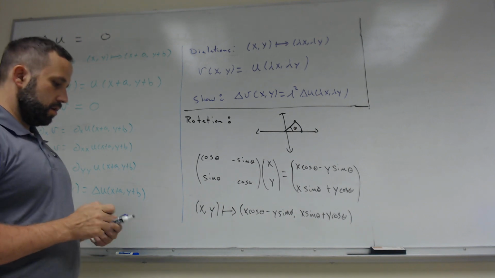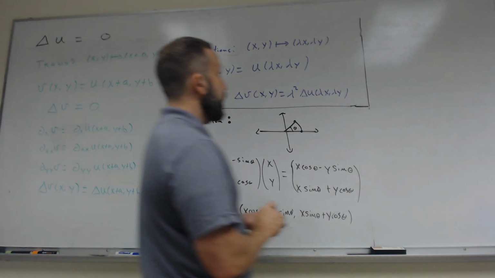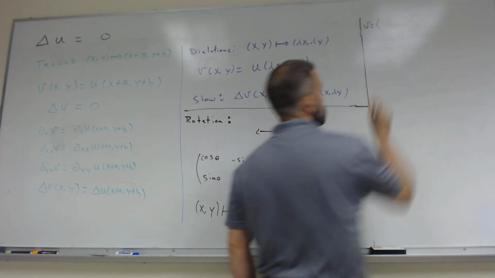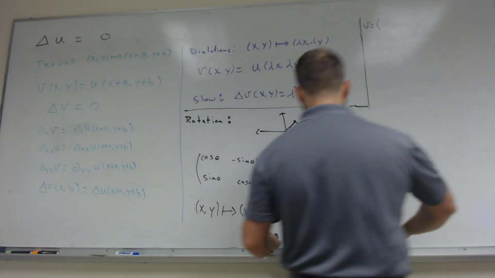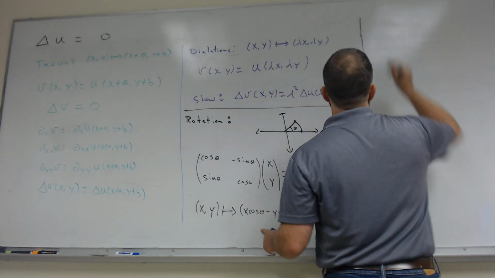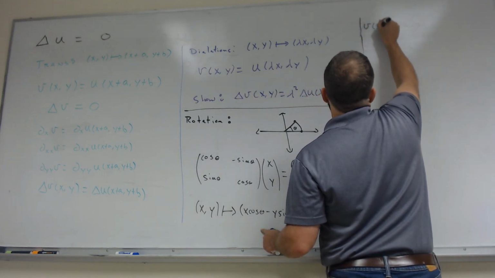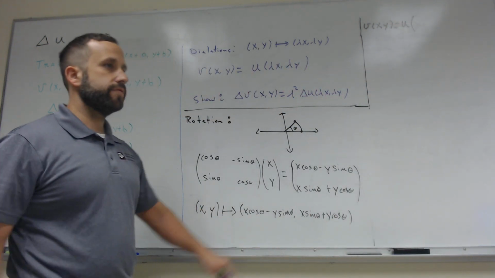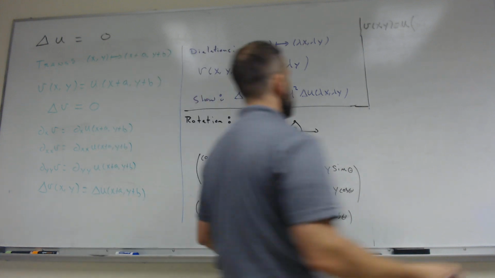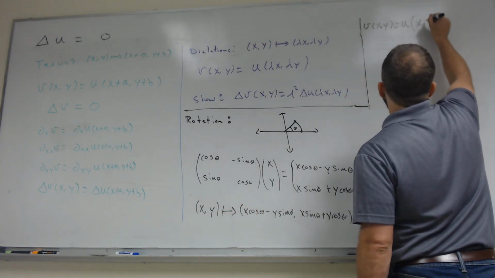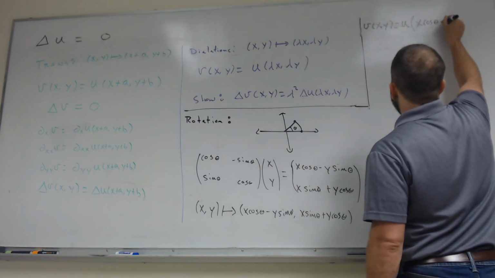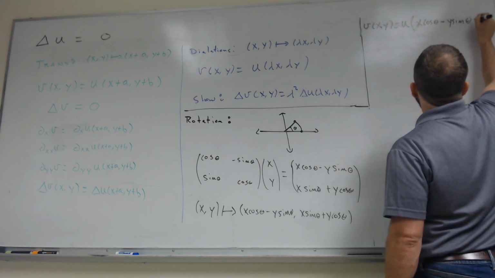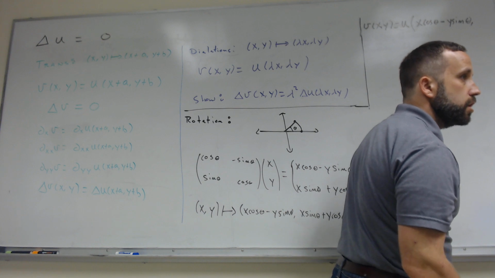Okay, and now what I'm saying is if u satisfies Laplace's equation and v is defined as u, but at these points here, so if v of xy is equal to u, okay, so I'm going to have to do this ugly. It's going to be u evaluated at this point, x cosine theta minus y sine theta. That's the first argument.